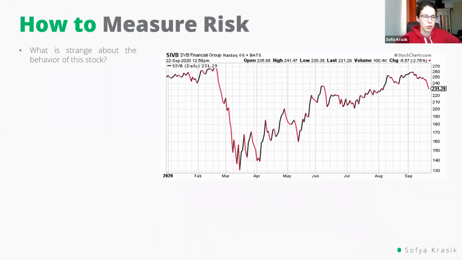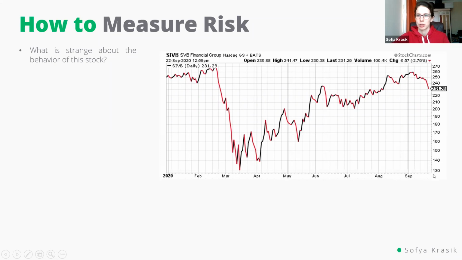And how to measure risk in a more tangible form. So what is strange about this stock? Probably I'll just need to tell the answer, because all stocks are changing all the time. But here, if you look at the scale, those graphs are usually scaled, and the picture will be approximately the same.